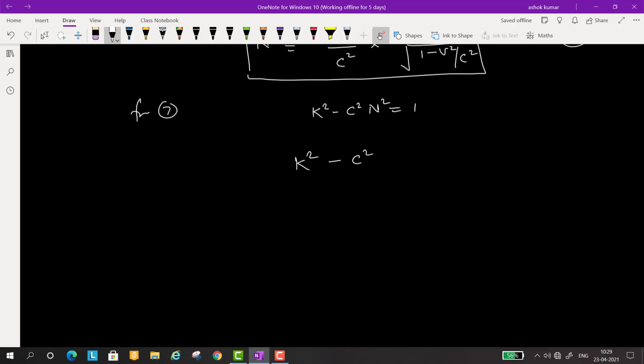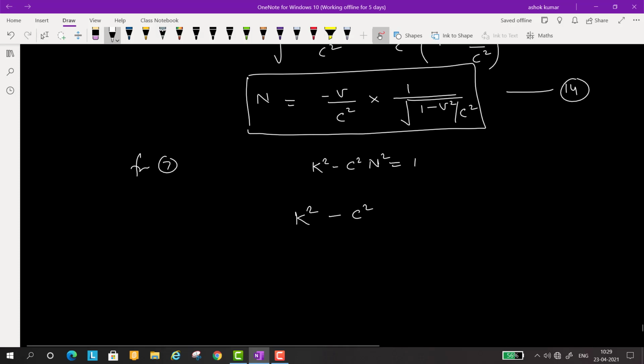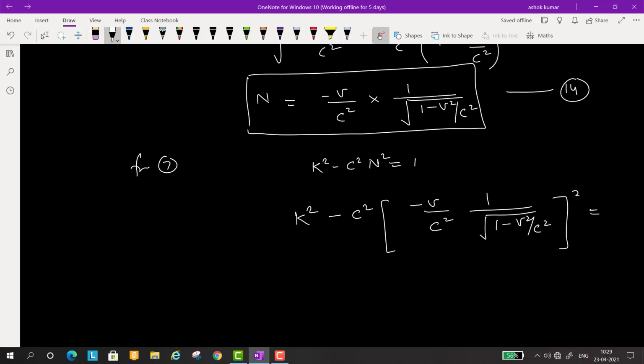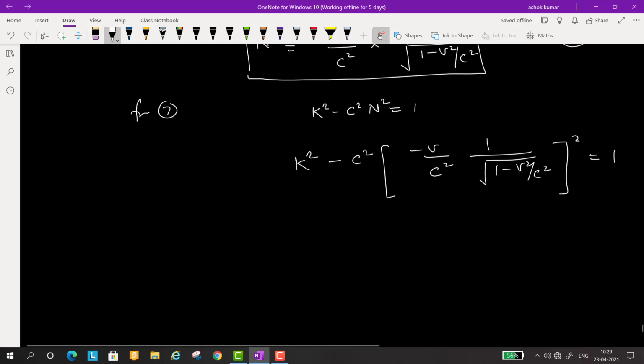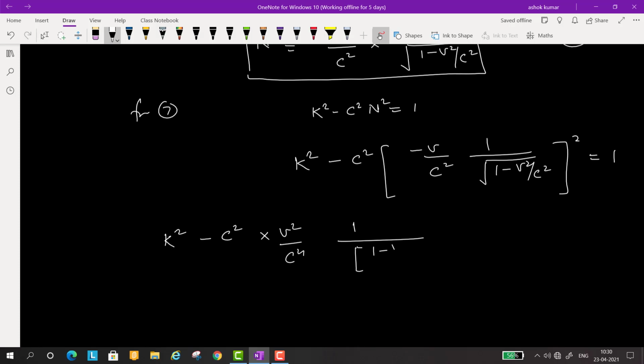K square minus c square n square, v upon c square, 1 minus v square upon c square whole square is equal to 1. So it is k square, c square, v square, c raised to power 4, 1 minus v square by c square, it is equal to 1.